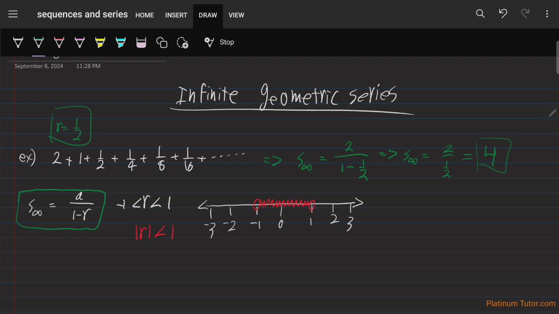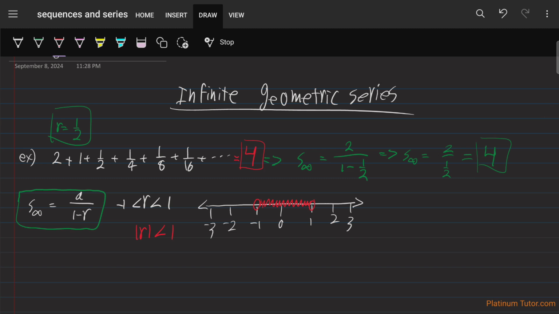Hopefully you guys find this as interesting as I do, because this never ends, right? It's an infinite series, it's an infinite sum, but somehow its total value comes out to exactly 4. And that's, I think, very neat. So yeah, that's how we can use the formula.